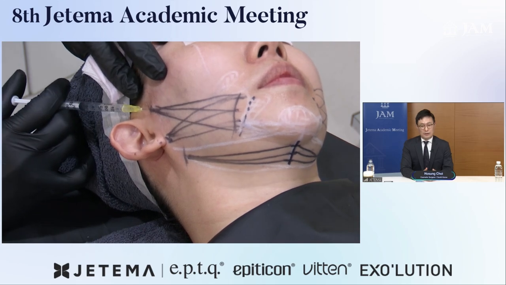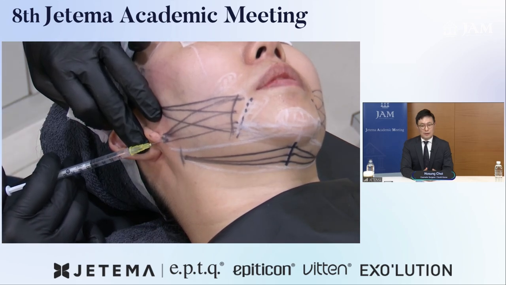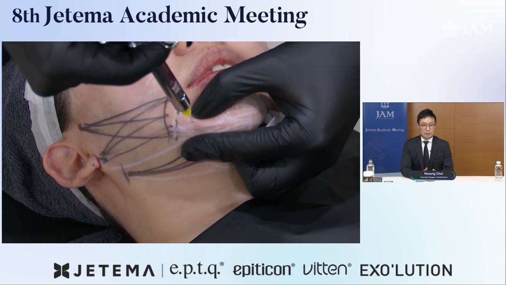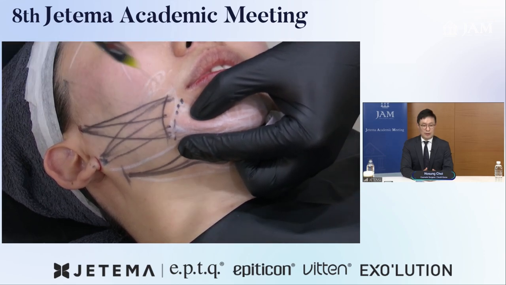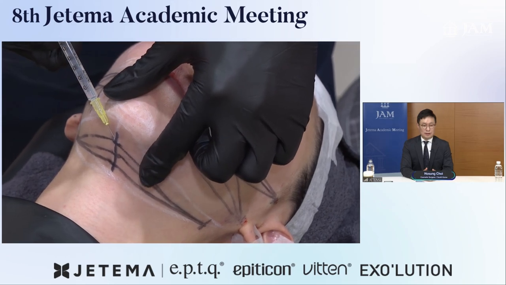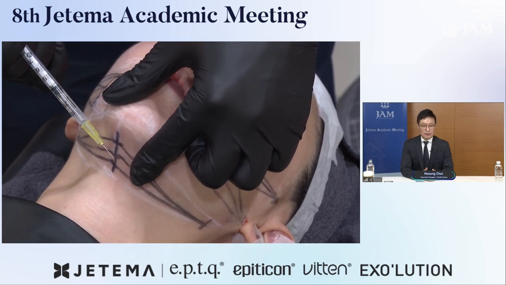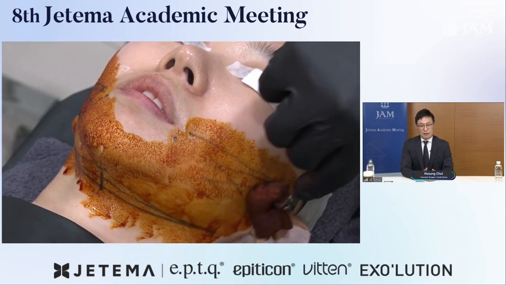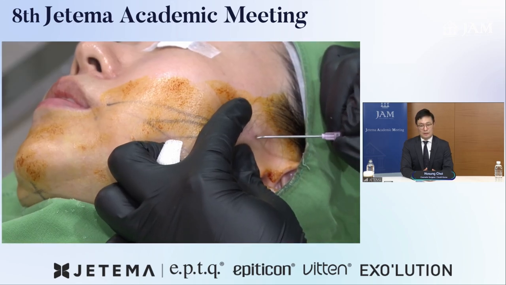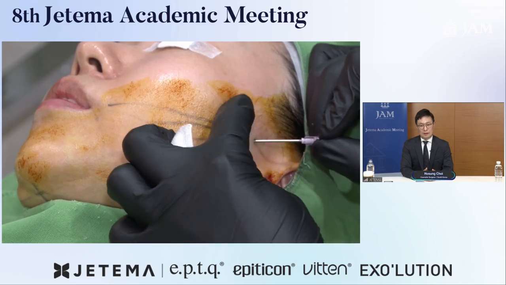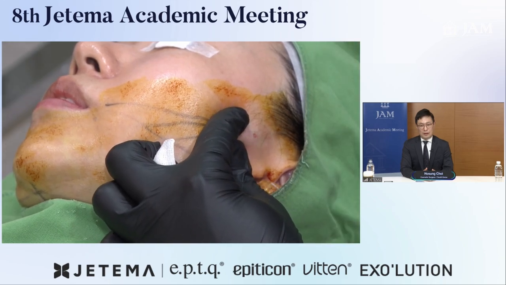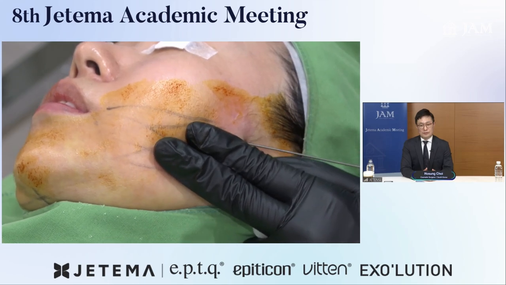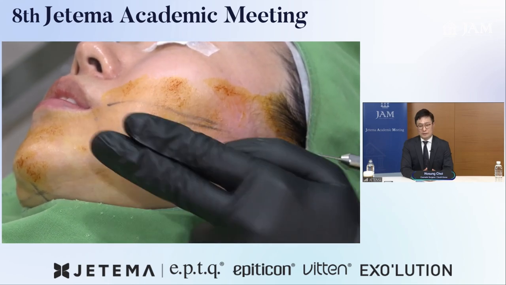And now I'm injecting lidocaine, and since I will inject Epitic filler into the chin, I block the mental nerve. This lidocaine contains epinephrine to prevent severe bleeding at the entry points. After inserting an 18G needle for skin puncture, I infuse some tumescent.